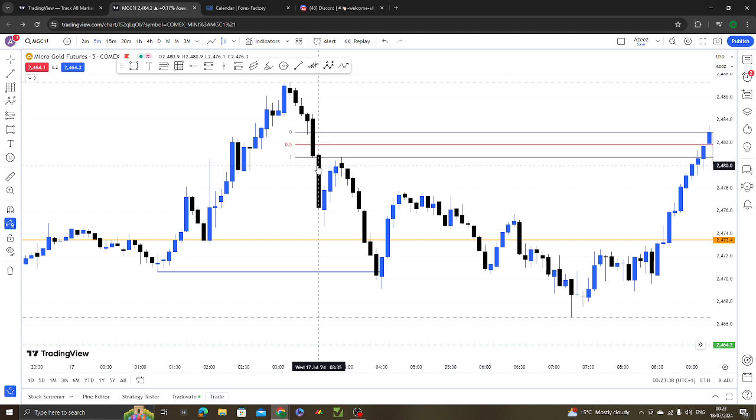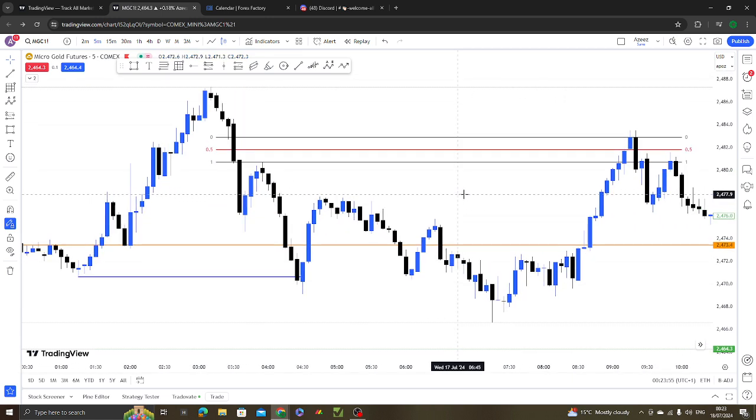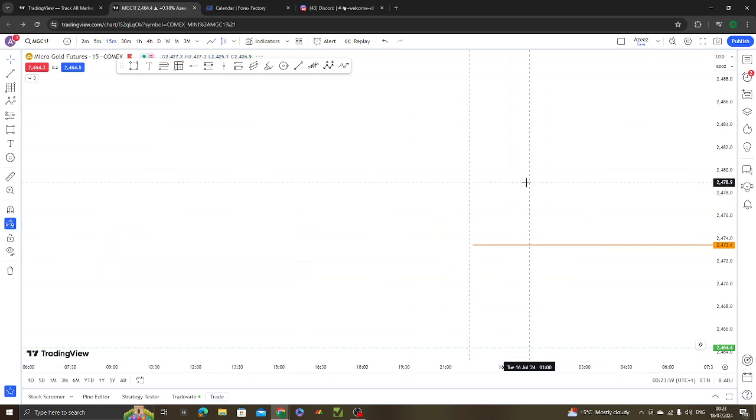Now look, we need the higher time frame fair value gap to be respected before you start going into the 5 minute fair value gap, or 2 minute, 1 minute, because then the fair value gap could easily get disrespected. So you need to wait for the higher time frame fair value gap to come back in, which is the 15-minute fair value gap.